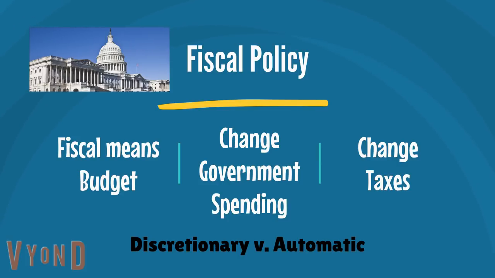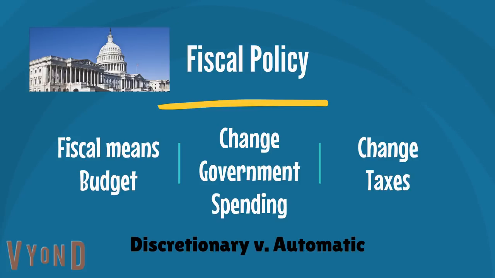So we can increase or decrease government spending, and we can increase and decrease taxes, and those constitute fiscal policy changes. In the last years, I'm talking about this in 2018, we increased government spending on things like defense, and we had a huge multi-trillion-dollar tax cut. That's fiscal policy.